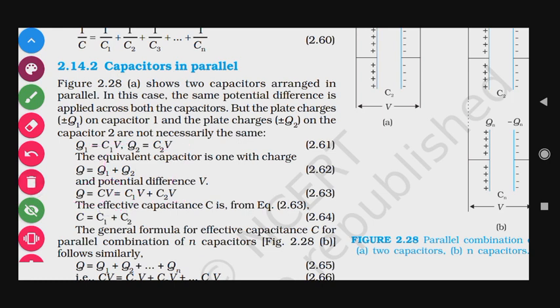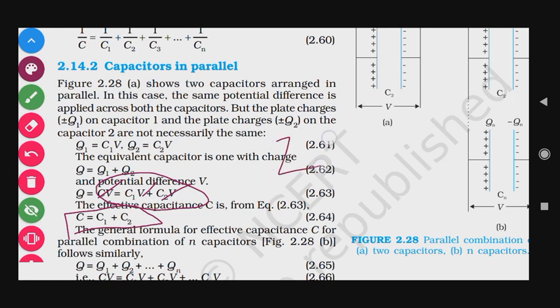Now I can cancel out V because V is the same, so I get C is equal to C1 plus C2. So when we combine capacitors in parallel, the effective capacitance is the sum of the capacitances.